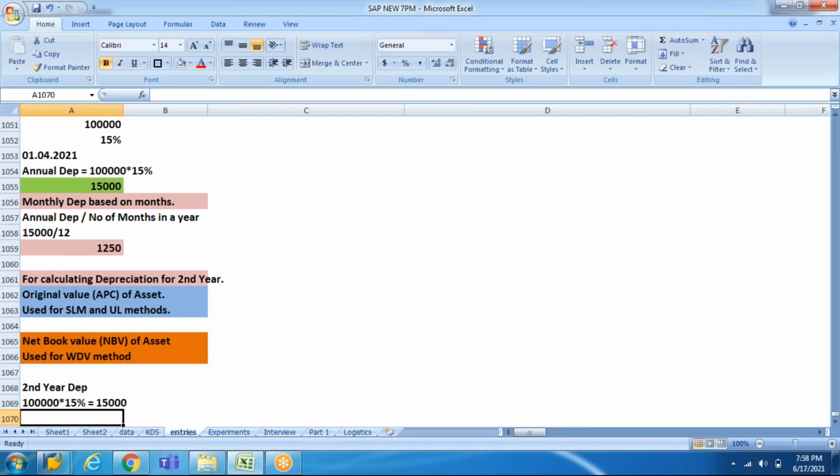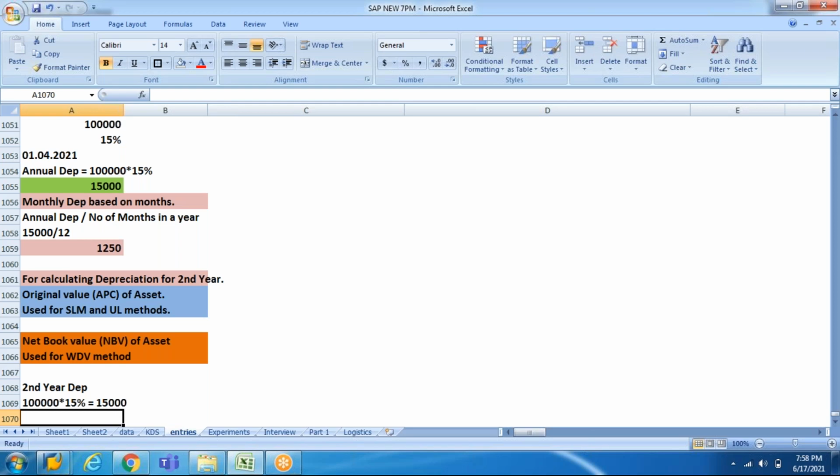So in the second year also you are getting the same depreciation value. In short, the straight line method will result in the same annual depreciation every year. If you have 10 years, for 10 years you will have the same depreciation if your depreciation method is the straight line method, or SLM. There will not be any change in the depreciation.